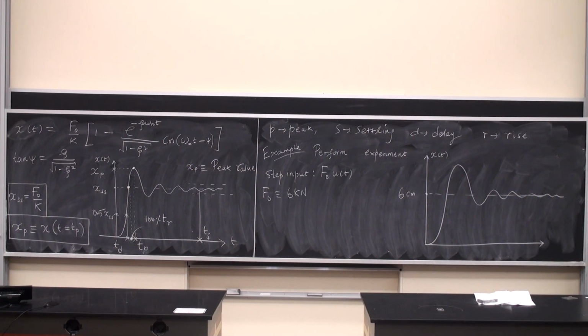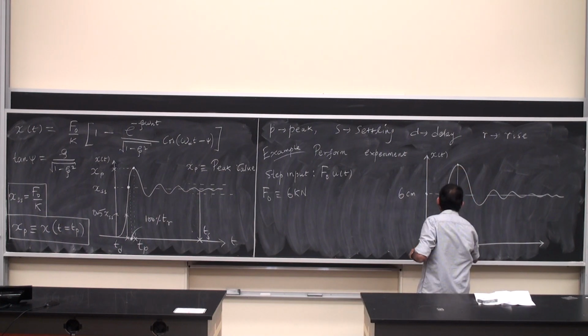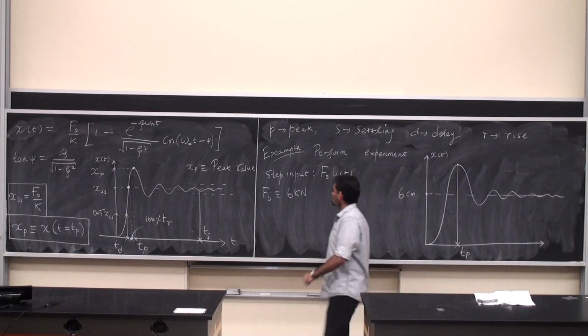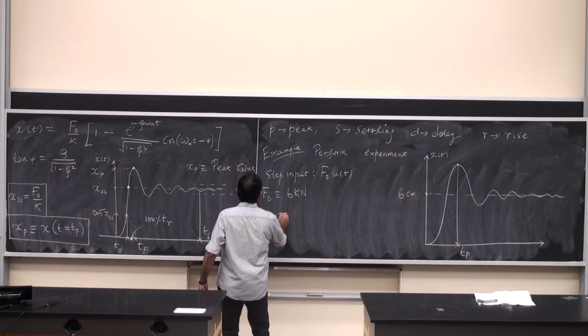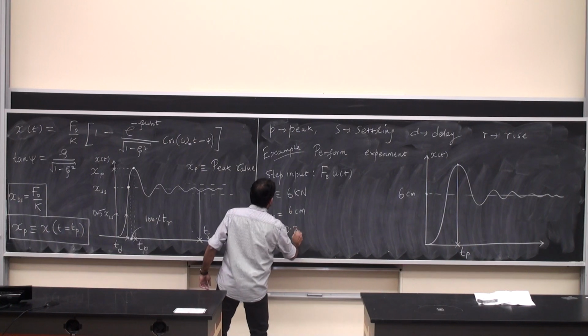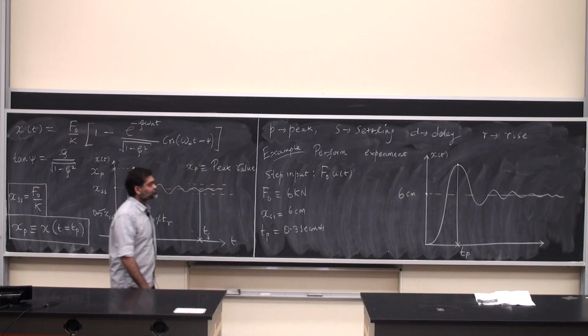The time taken to reach the peak is given to us. This is T suffix P. So I'm given X steady state is 6 centimeters, and T peak is 0.3 seconds.